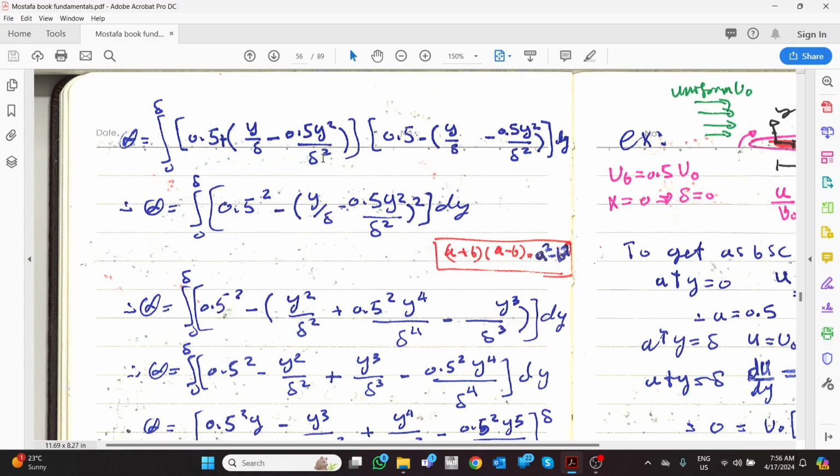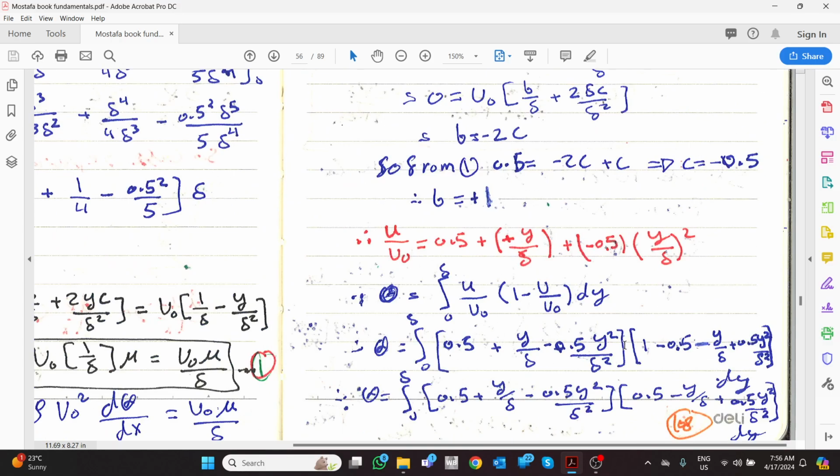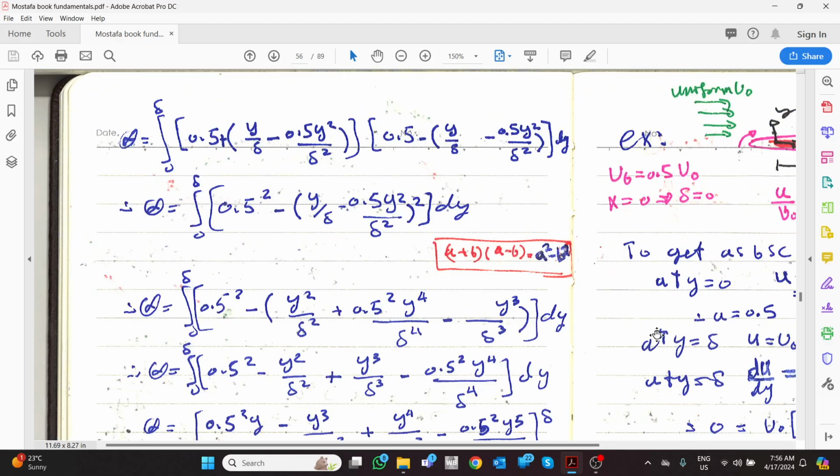However, you can do any complicated method like this one multiplied by this one multiplied by this one multiplied by this one, plus this one multiplied by this one, etc. But I try to save a little bit of terms, so I just divide it like this. A plus b multiplied by a minus b is equal to a squared minus b squared. So just to make it easy for me.